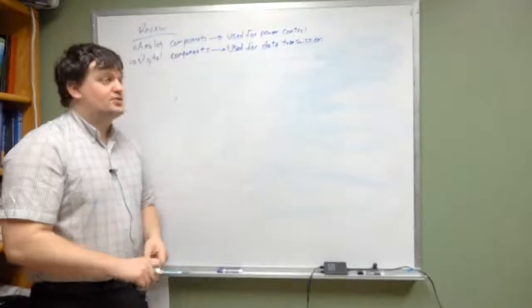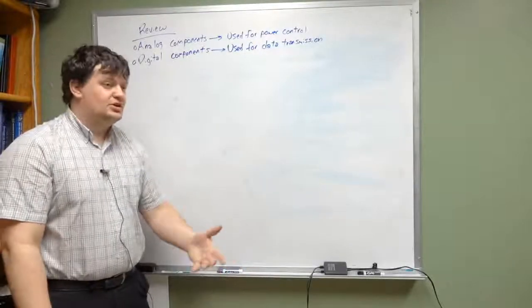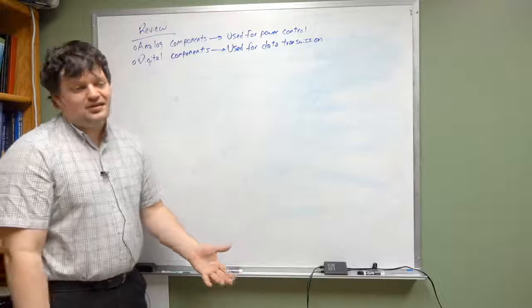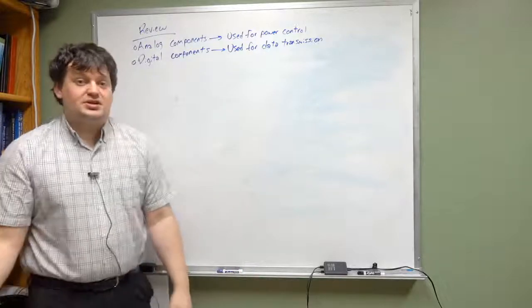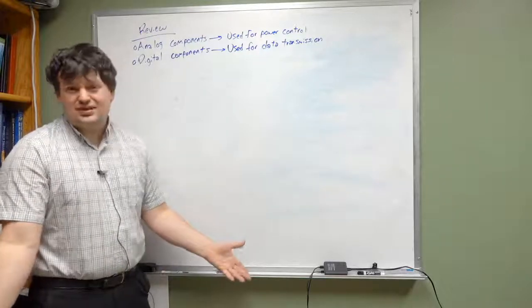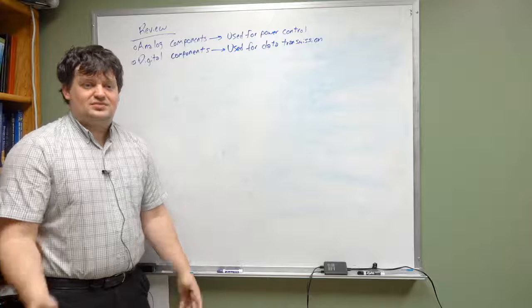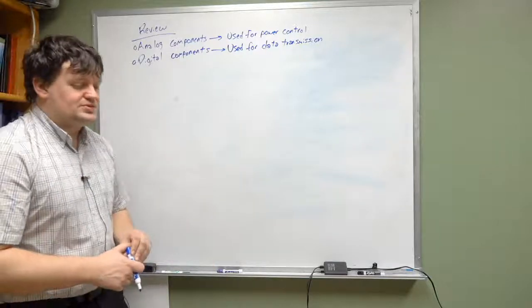You have to look at whether this system needs substantial power control, and usually the answer is yes, along with filtration, all of these things. And then whether this system needs some element of information transfer, and again, usually the answer is yes. And so you have an amalgamation of both of these components.